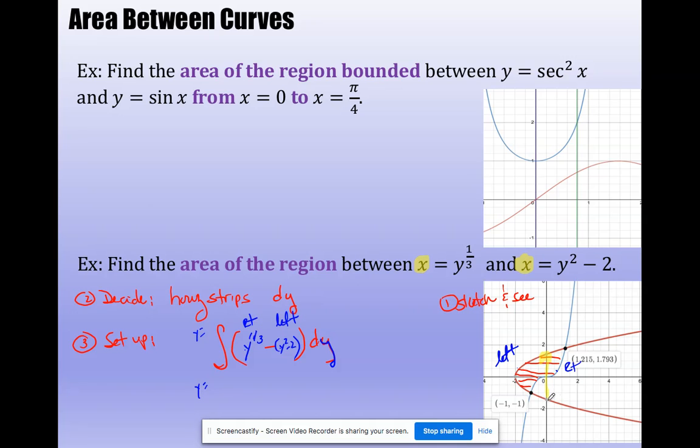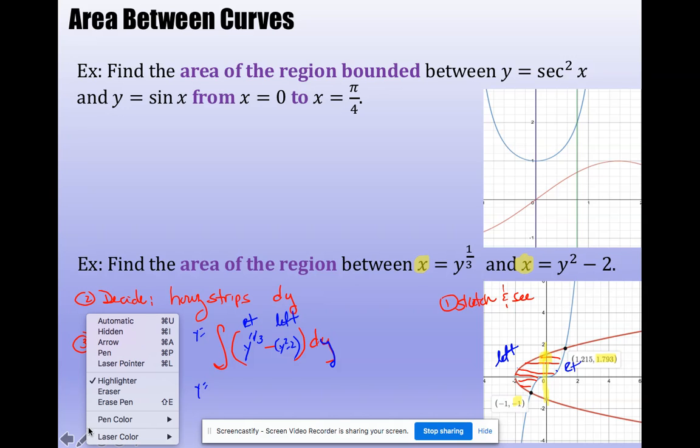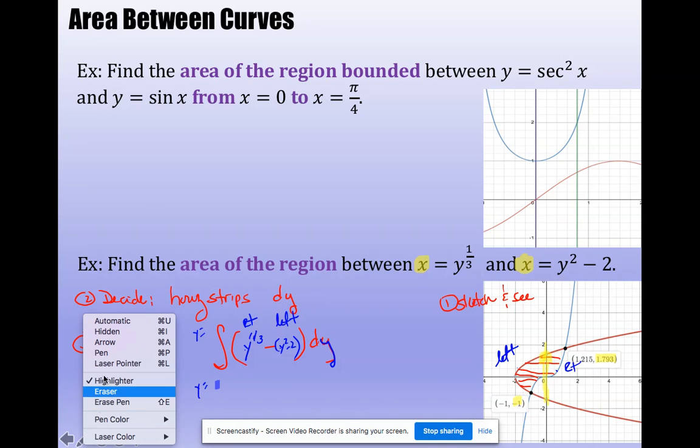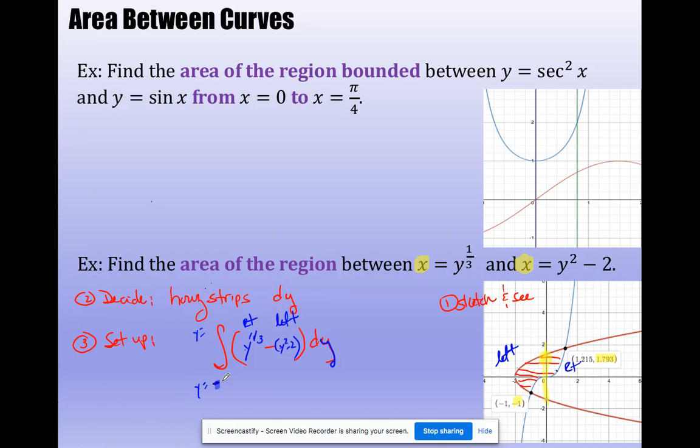Your strips start farthest down, that's a -1, and then farthest up on the y-axis. You want the y coordinate. So my lowest y value is -1, and my highest y value to 3 decimal points is 1.793.